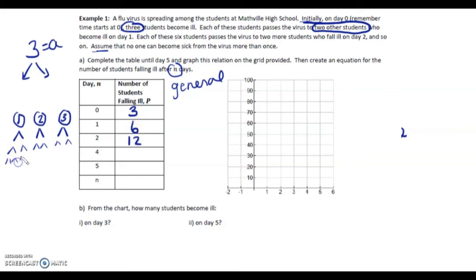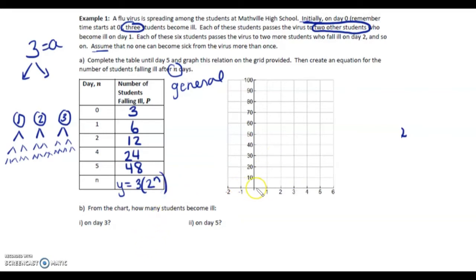Each of those 12 people, 7, 8, 9, 10, 11, 12, gives it to 2 people. That's 24. Each of these people gives it to 2 people. That's 48. So in general, it starts with 3 people, and it multiplies by 2 n number of times.